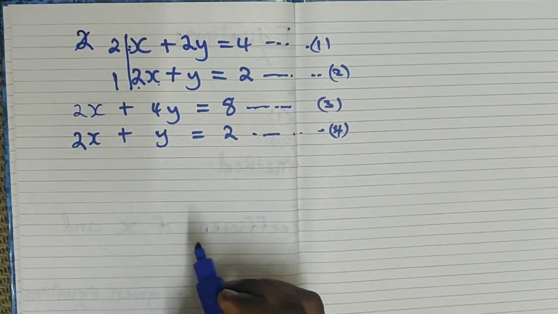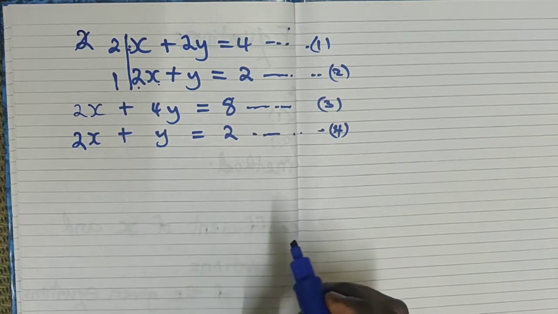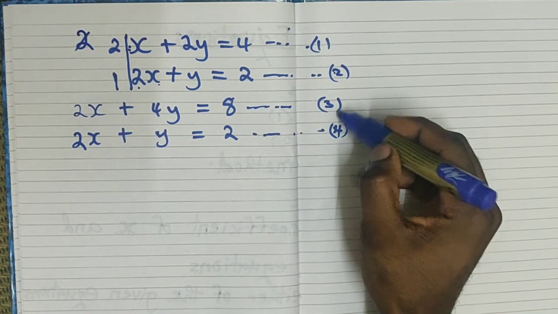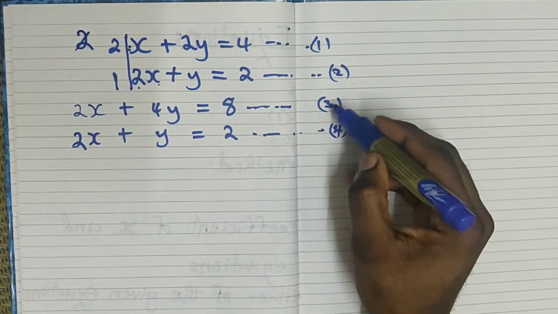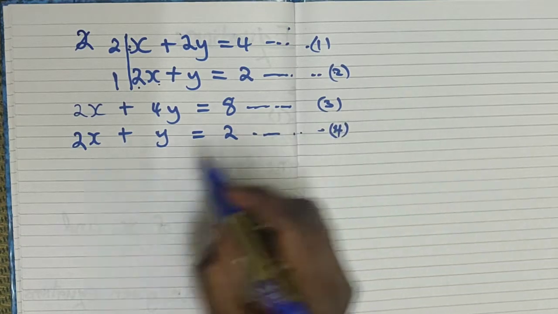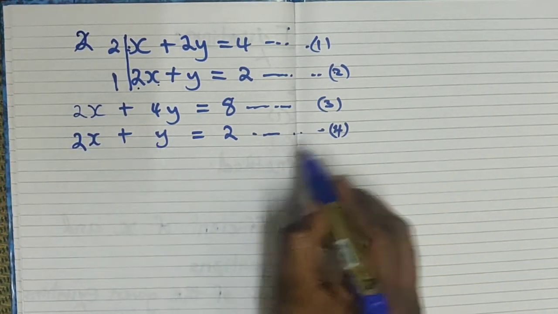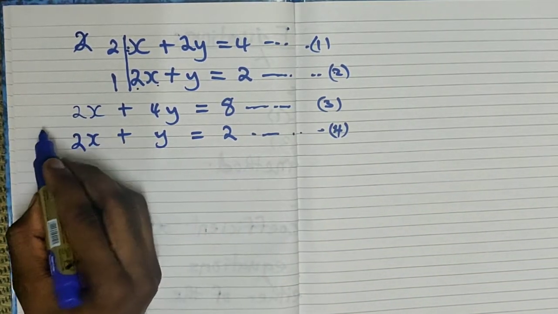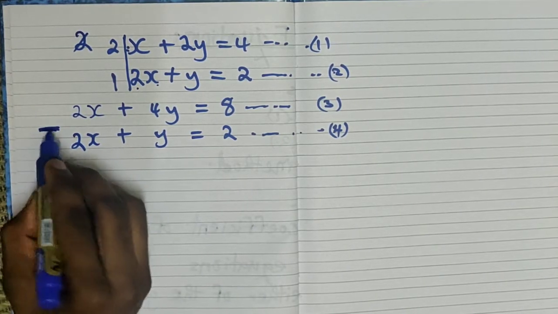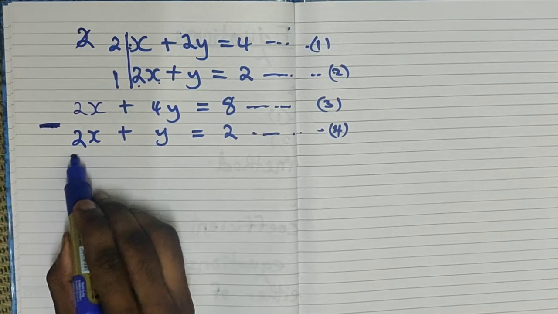So the next step is to subtract the new equations. These are the new equations, equation 3 and 4, sorry. So let's subtract this equation. Let's put a negative sign here and subtract.